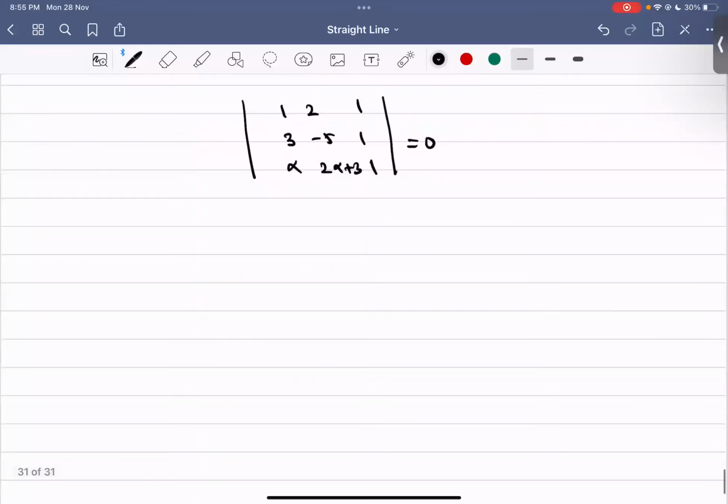So that is 1 into, with alternate signs plus minus plus, 1 into (-5 into 1 minus (2 alpha + 3) into 1). This is the first bracket.